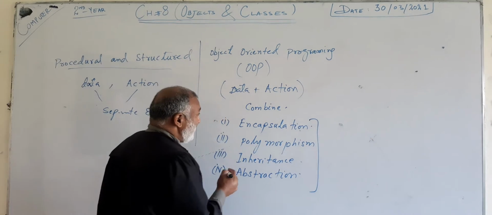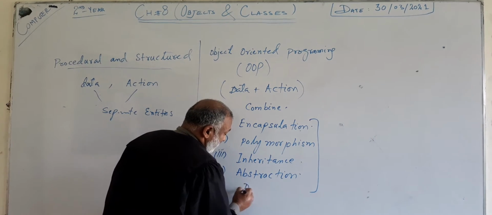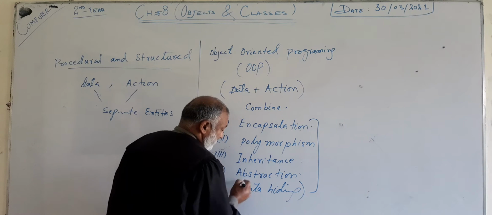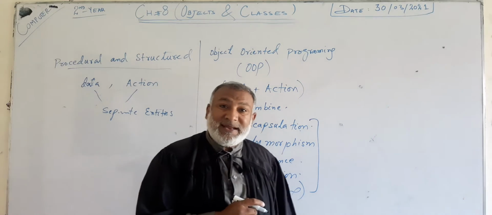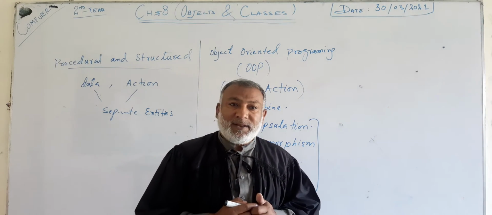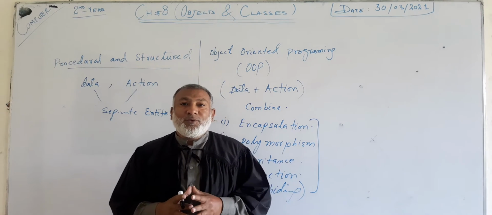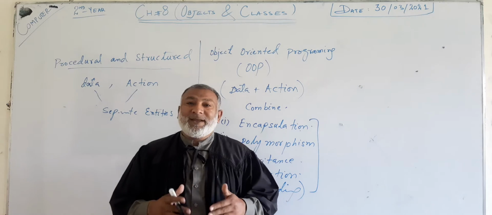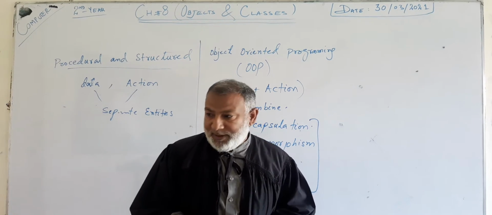Plus there is another facility, and that is called data hiding: your private data is hidden from all other programmers and functions outside of your class. So let's start how to use object-oriented programming and how we can take advantage of it.